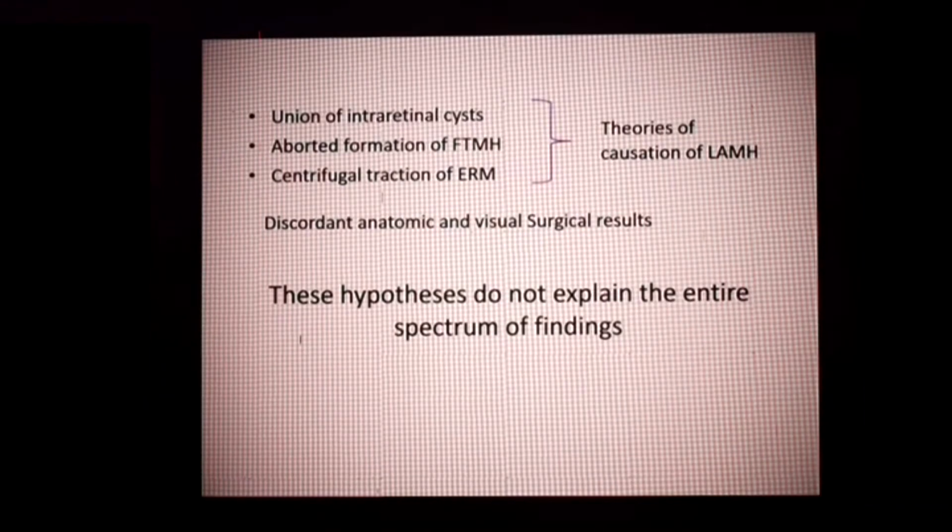Lamellar macular hole as currently classified may represent more than one condition with potentially different natural histories and surgical outcomes, because neither the theories of causation put forth nor the anatomical and surgical results explain the entire spectrum of findings that we have seen.